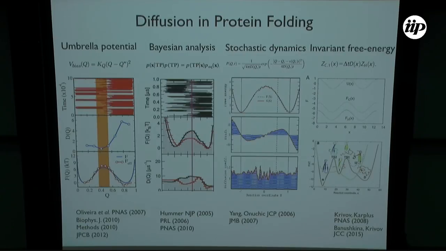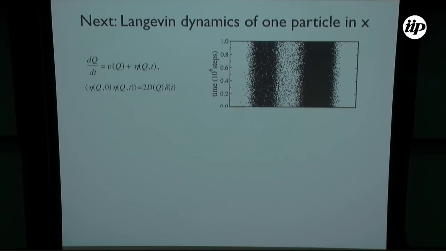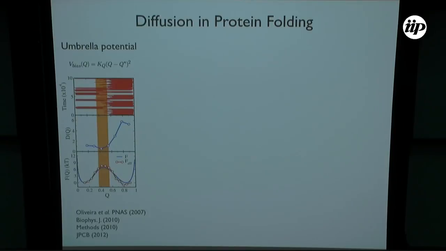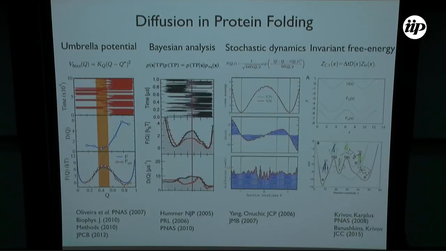So what we are trying to do next is see if we can make those methods talk to each other. What are the parameters that define this diffusion, what are the boundaries of this model, and why are they so different among each other? This is what we're trying to address now.